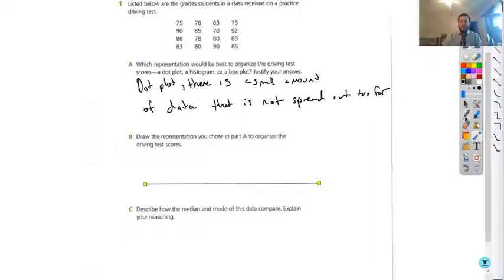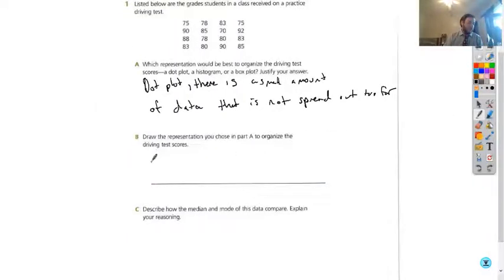And then, I said we have numbers from 70 all the way up to 92. So I'm going to start it with 70, then we'll count, right? So 71, 72, 73, 74, 75. So this is 75, 76, 77, 78, 79, 80.